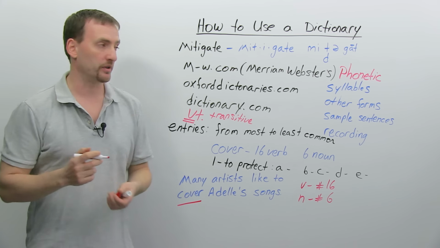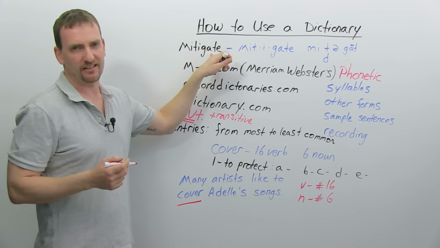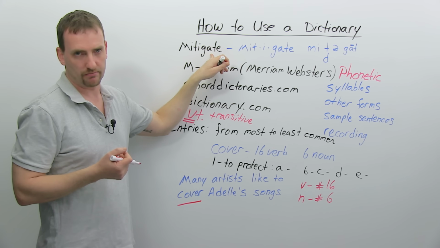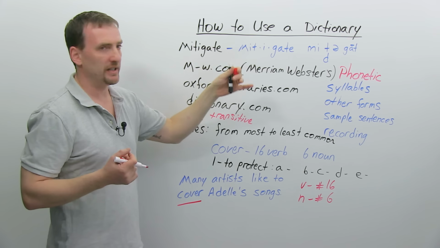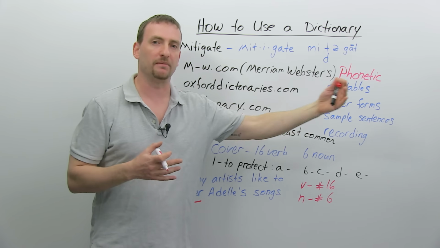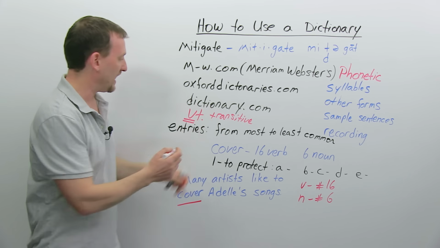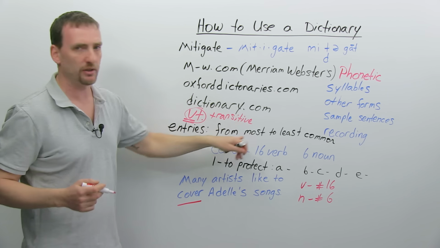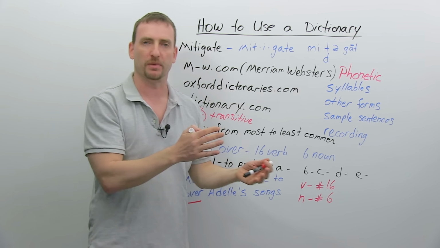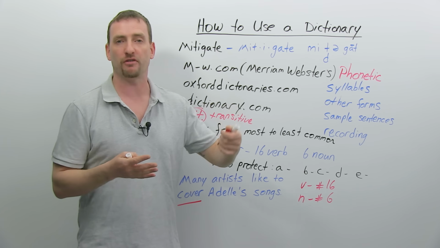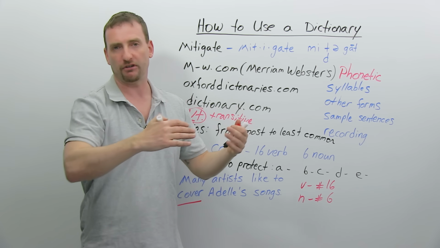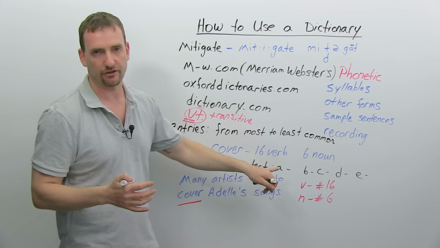This is very important to know. So mitigate is not necessarily a transitive verb, but it can be a transitive verb, okay? A transitive verb means a verb that must take an object. So if you have VT, then the entry will be for the transitive verb. If there's a non-transitive version of this verb or a non-transitive use, they will separate that into different entries.